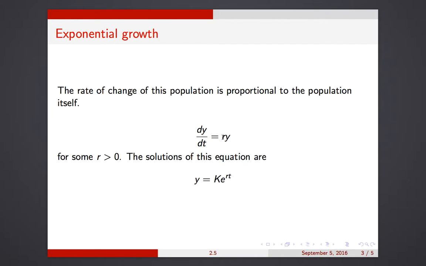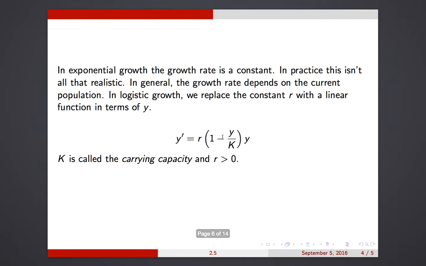Here this r is a growth rate. In practice, it's not realistic that your growth rate will remain constant at any given time. It's more likely that this growth rate will change over time. And so in logistic growth, we let the growth rate change over time.